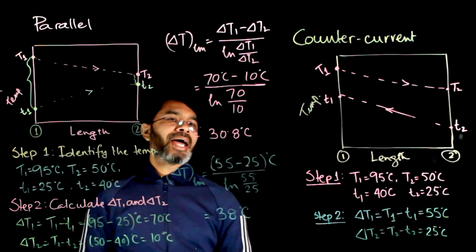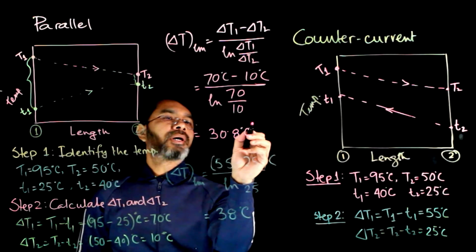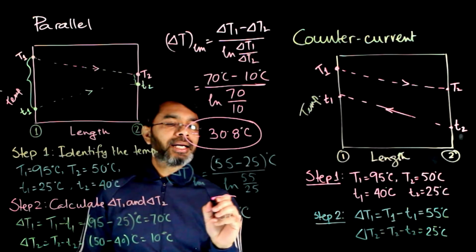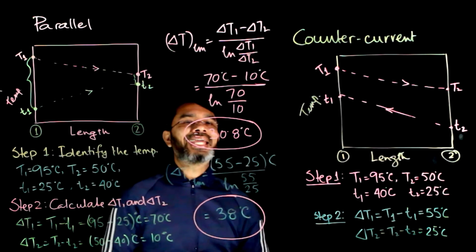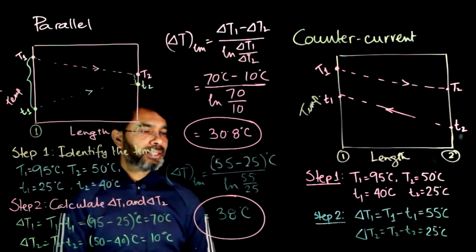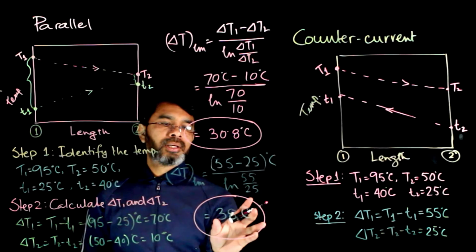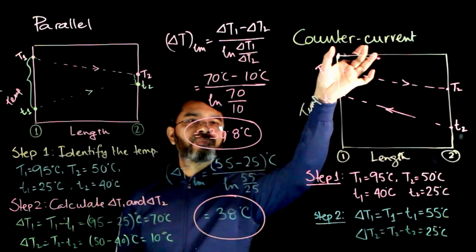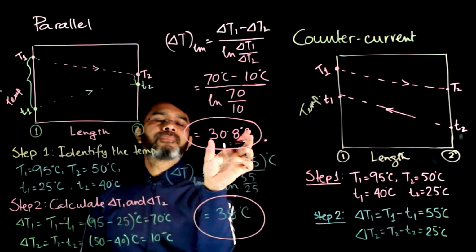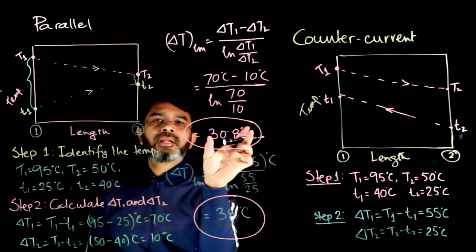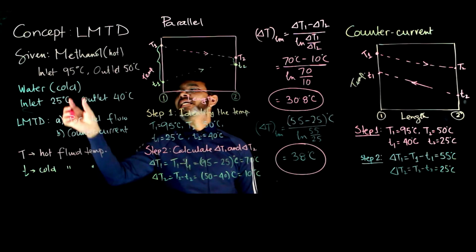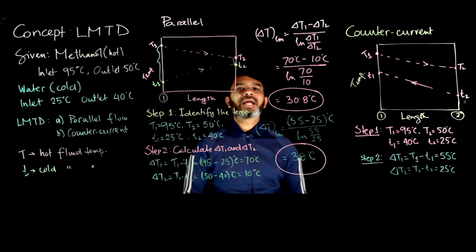The final comment is that for parallel flow we got a value of 30.8, and in countercurrent flow we got a value of 38 degrees centigrade. This will always be the case: the log mean temperature difference for countercurrent flow is always higher than that for parallel flow for the same inlet and outlet temperatures of the hot and cold fluid.